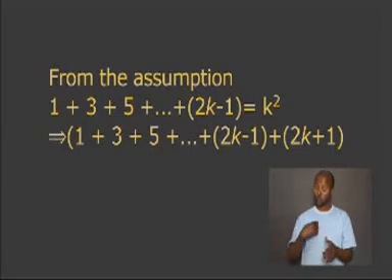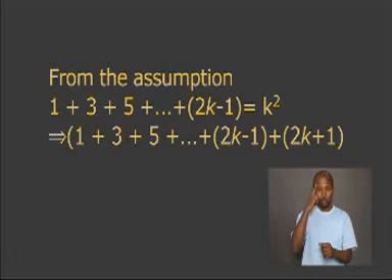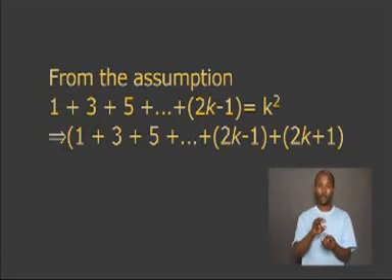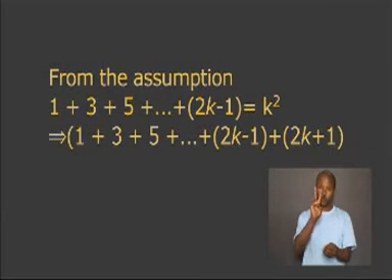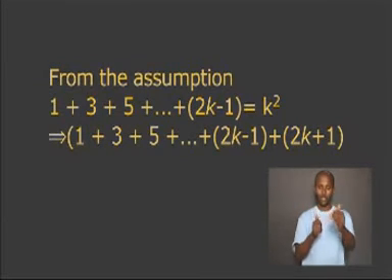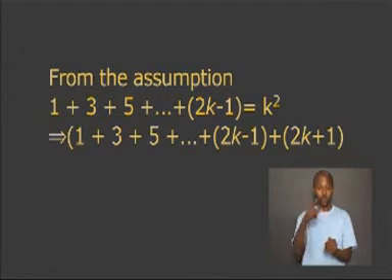We make the assumption that 1 plus 3 plus 5 and so on plus 2k minus 1 equals k squared.